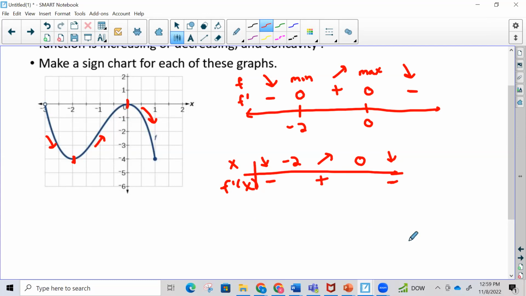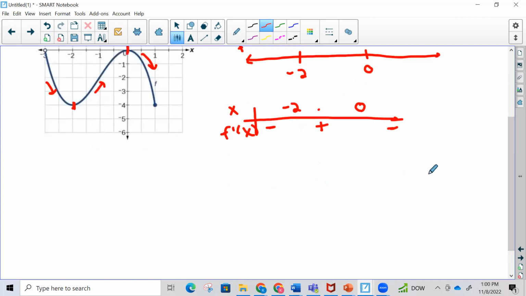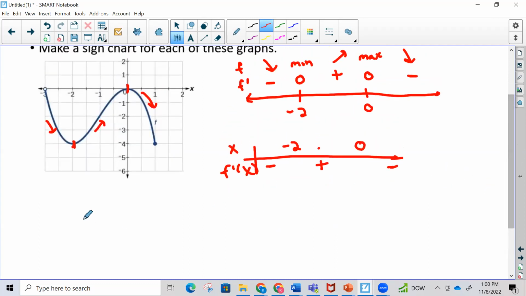So you can write it that way. She just puts the x values, she does not put the arrows. And then she puts what happened with the derivative below. That is one way.